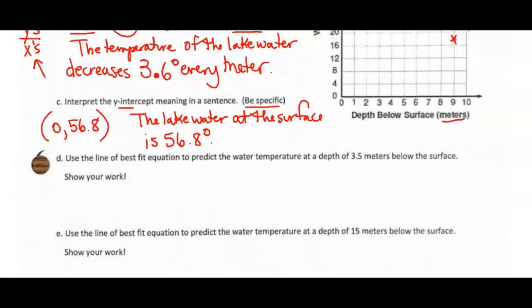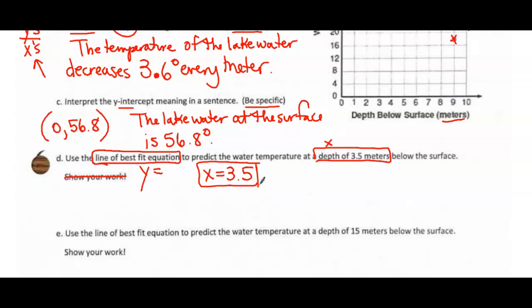The next question says, use the line of best fit equation to predict the temperature at a depth of 3.5 meters. Remember when it says that, you're going to put it in y equals. You don't have to show work here. Now depth is x. Your work would be, I'm going to write x equals 3.5.